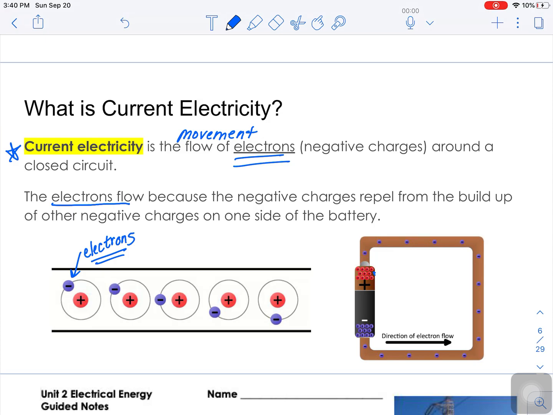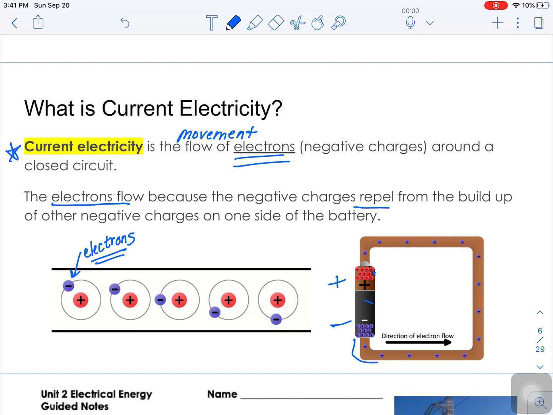Now these electrons flow because the negative charges repel from the buildup of other negative charges on one side of a battery. So if you've looked at a battery, you'll notice they have a negative end and then a positive charged end. Well, what'll happen is these negative charges here in this battery, especially when we have a fully charged battery, they build up and they want to push away from each other.